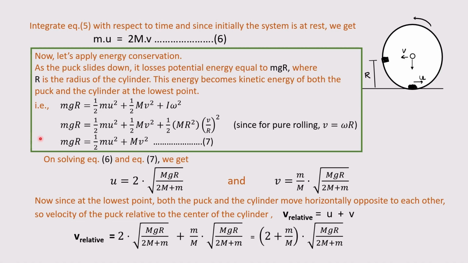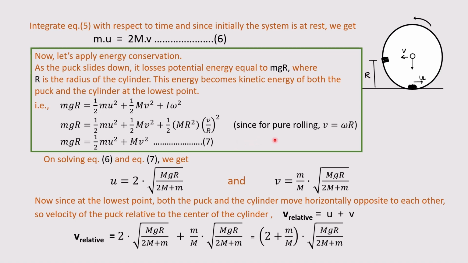This can be written as mgr is equal to half into mass of the puck into u square plus half into mass of the cylinder into v square plus half into MR square, this is the moment of inertia of the hollow cylinder, into v by r to the whole square. This is the value of omega.